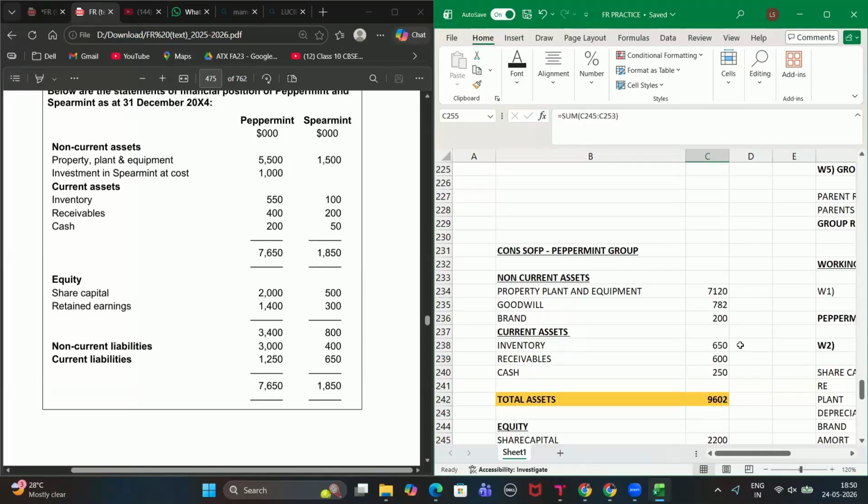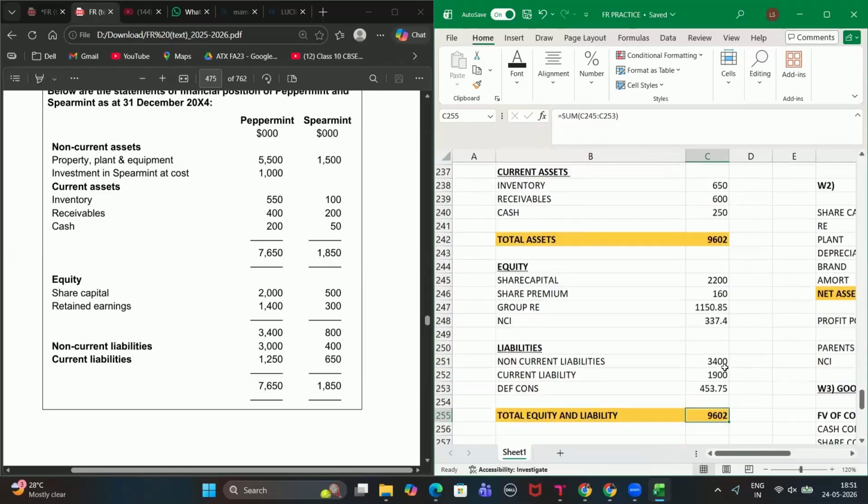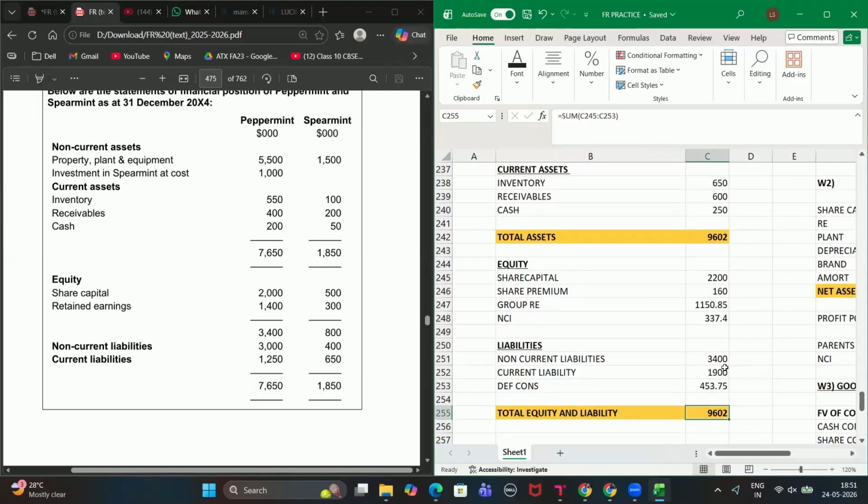PURP, unrealized profit. Is it? Okay. I'll explain it tomorrow then. It's not a big deal. It's very easy. We'll have to just subtract it from this one. That's it. Our time is up.